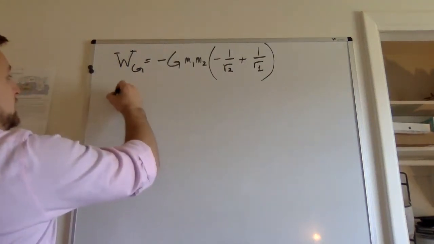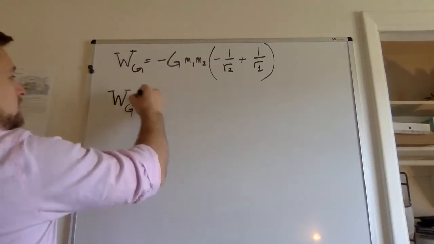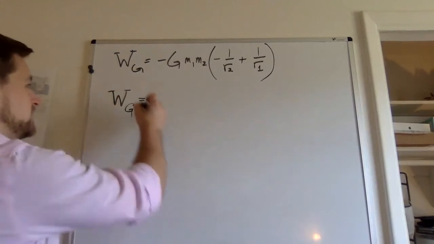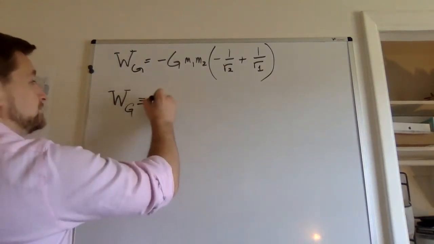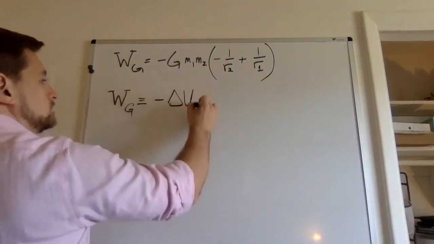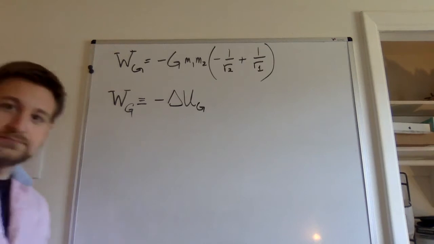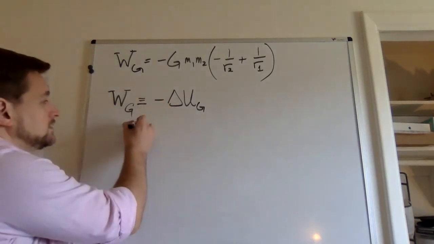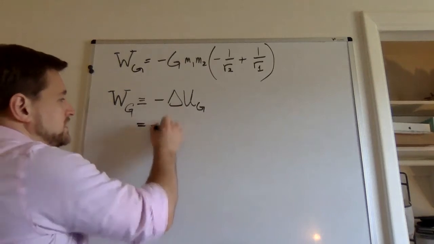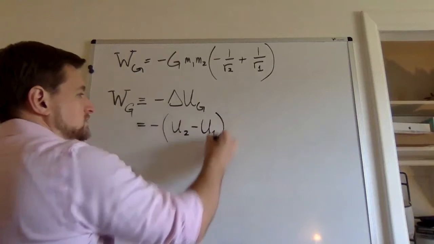Now, gravity is a conservative force, which means that we can define, like we did before, a potential energy associated with gravity. The delta is always final minus initial.